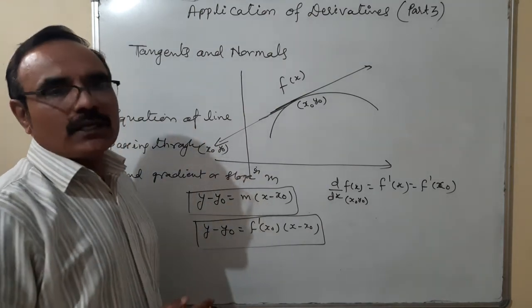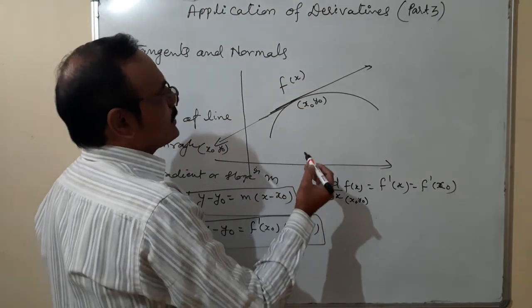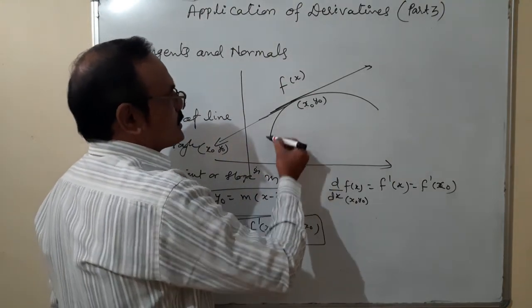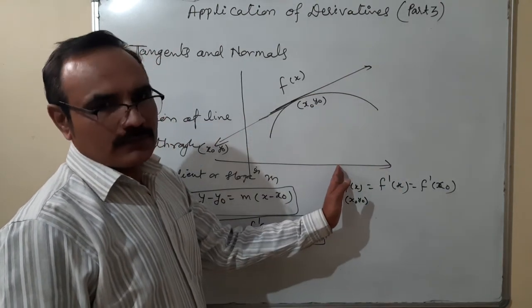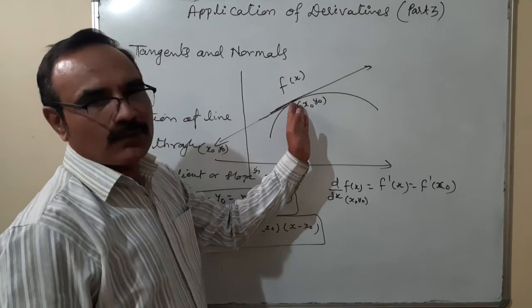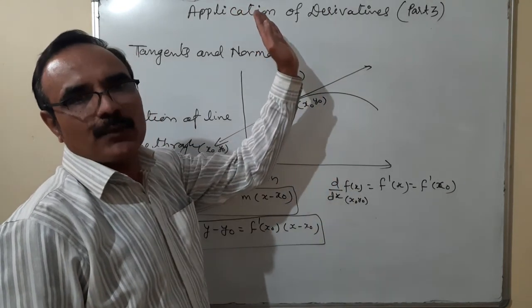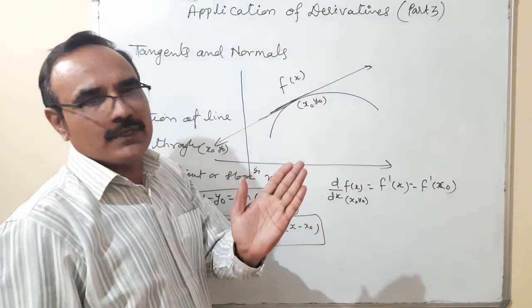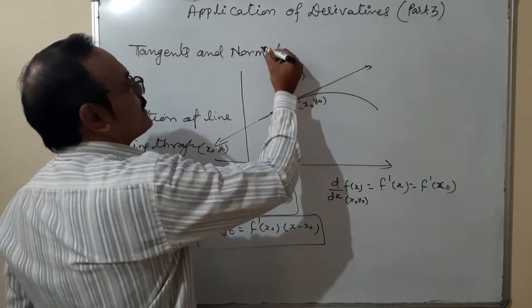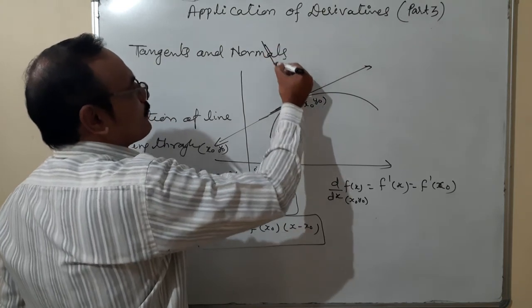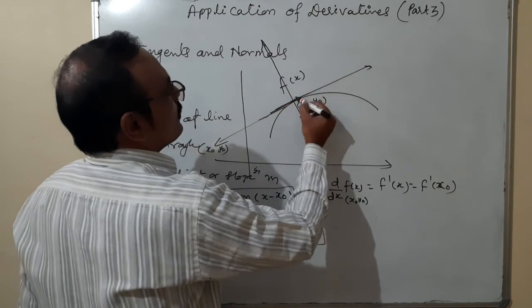Now we are talking about the normal. What is a normal? You can imagine, suppose this is the curve, or you can treat this as a circle. Through the center, when we go to the point of contact, this becomes a radius, and when you produce this radius, that would be the normal, which is perpendicular to the surface. This is the normal of the tangent.